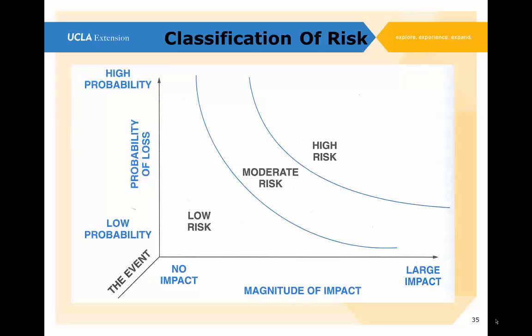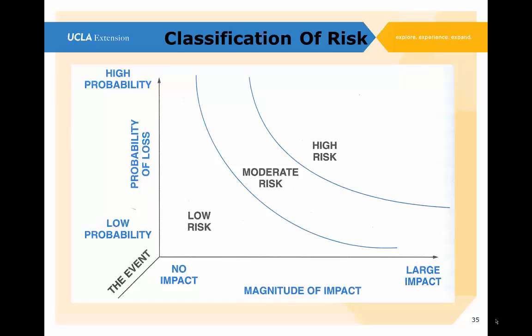One is the magnitude of the impact across the bottom, the x-axis, and to the left at the origin, it's no impact to the project. All the way over to the right, it's a large impact, and we don't try to define that quantitatively. This is more qualitative. Then the y-axis, the vertical axis, is the probability of occurrence, the probability of loss. In other words, that's between 0 and 100%.